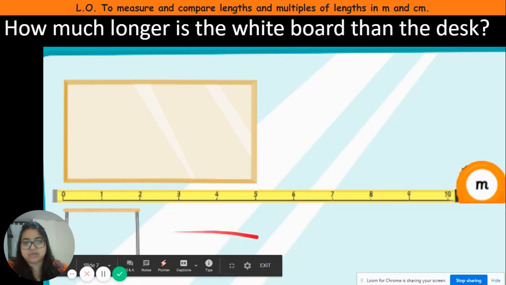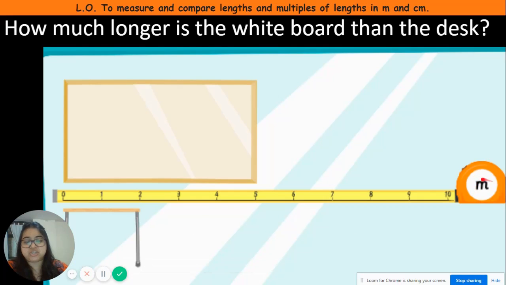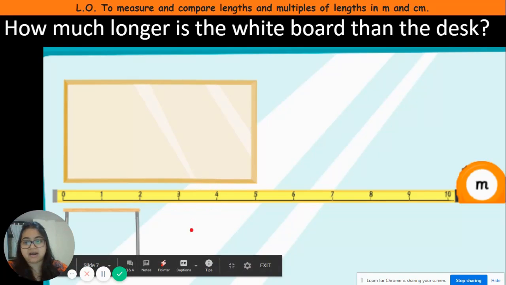Now if you look carefully in this example, this measuring tape is a meter scale. It has a meter scale, not centimeters. So when we are writing our answer, we have to make sure we write meters and not centimeters. So let's compare these two.